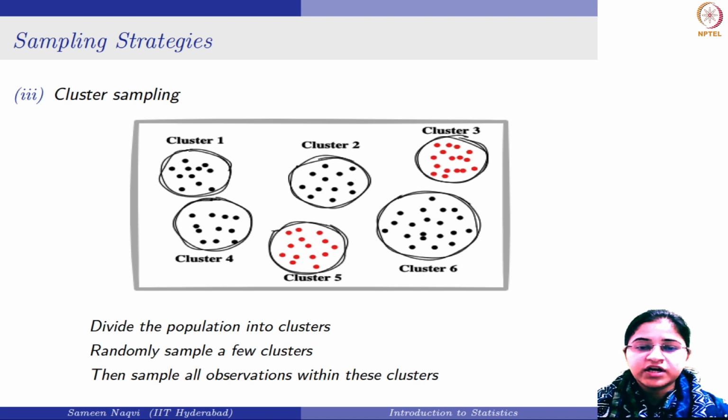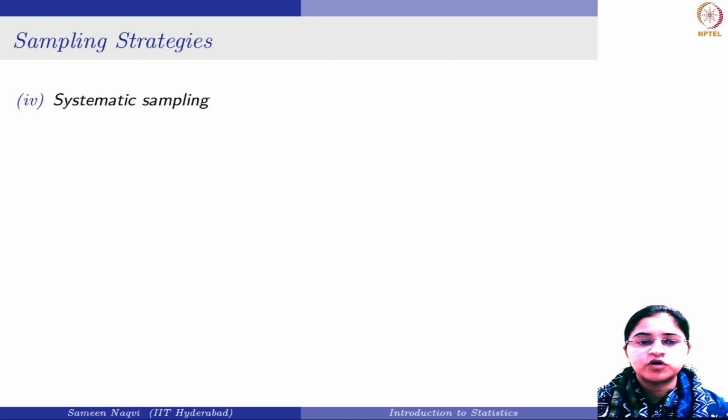So they do not have to visit each and every locality, and that is why cluster sampling is used in cases where you want to save money, right? If you do not do that, if you want to visit each and every locality, it is going to be too costly. Next, we move on to systematic sampling.